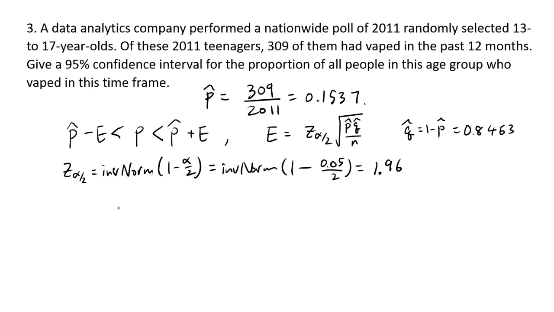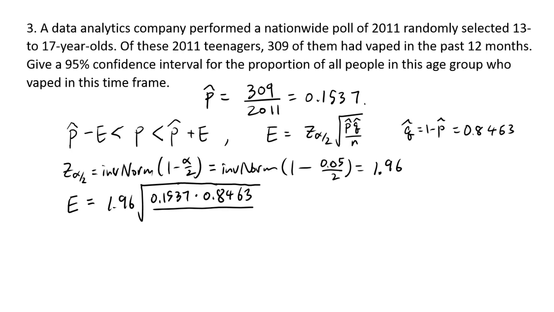And then once you have this, you can compute it because we have all the values. In our case, E is Z alpha over 2, which is 1.96, times the square root of 0.1537 times 0.8463, divided by the number of teenagers, 2011.